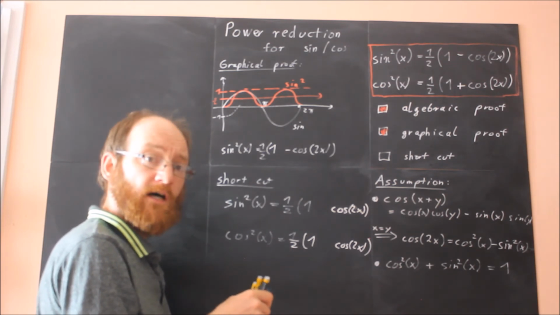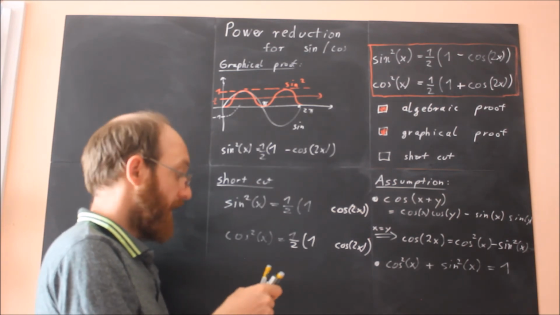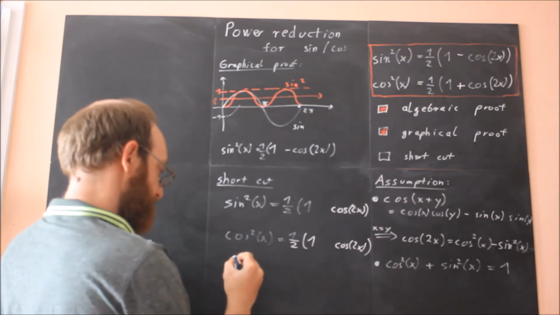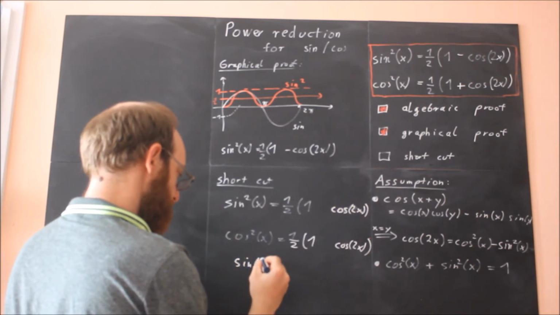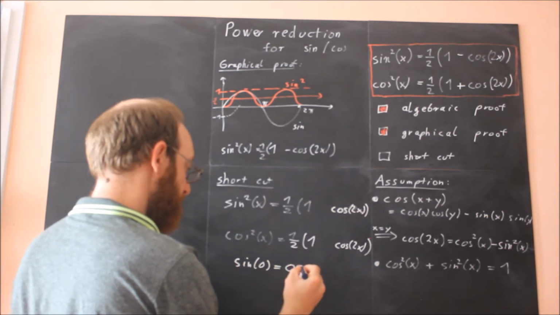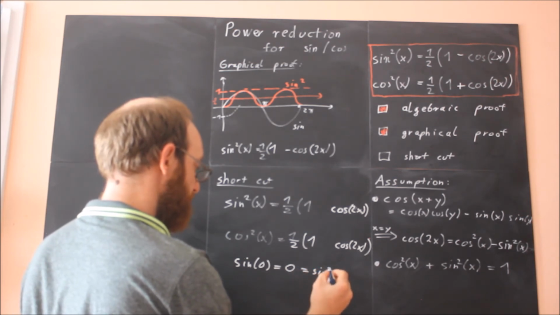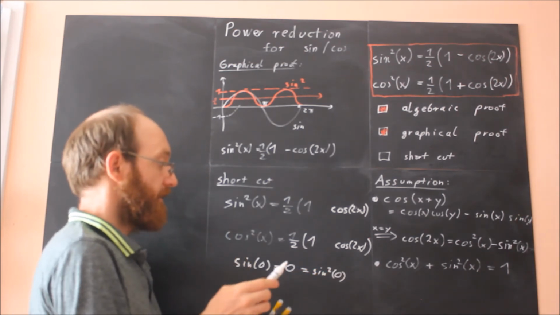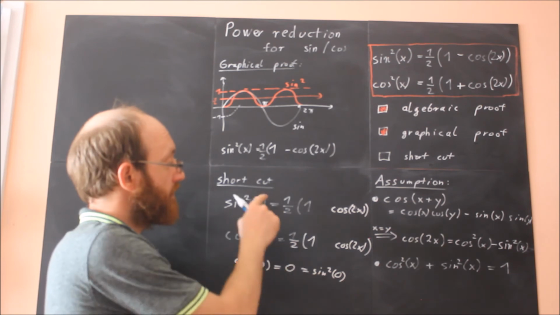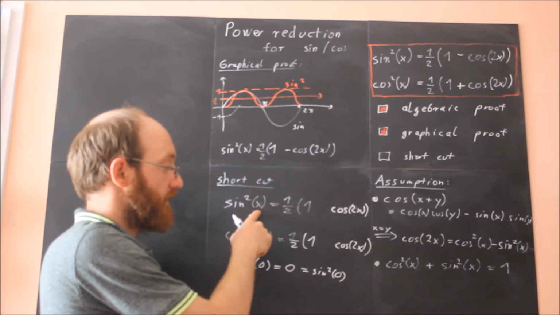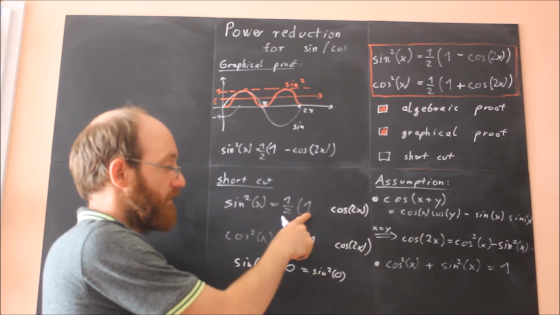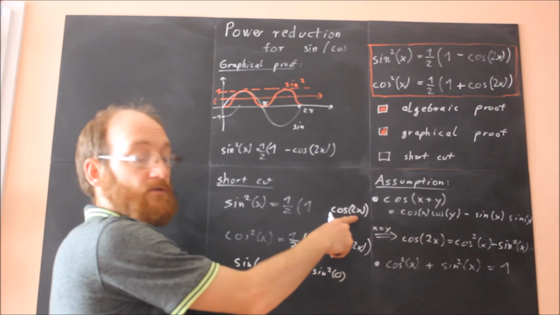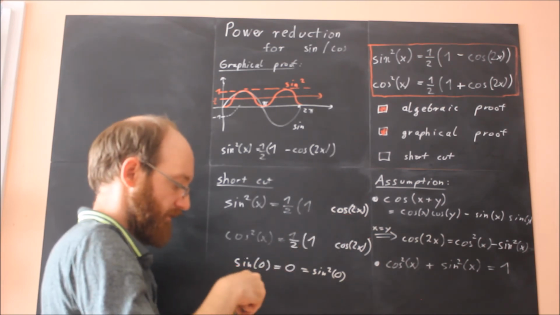You can do it in the following way. You know that sine of 0 is 0, and the same holds for sine squared of 0. Therefore if we plug in a 0 and we want to get a 0, the cosine of 0 is 1 and it becomes 0 with a negative sign.